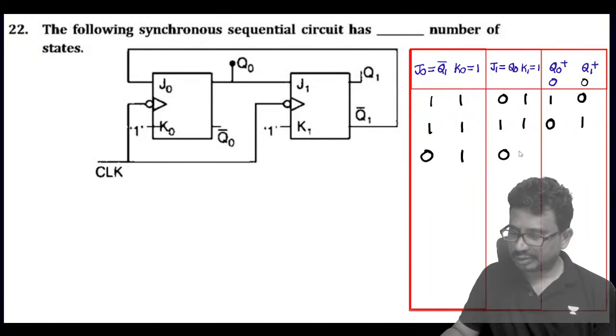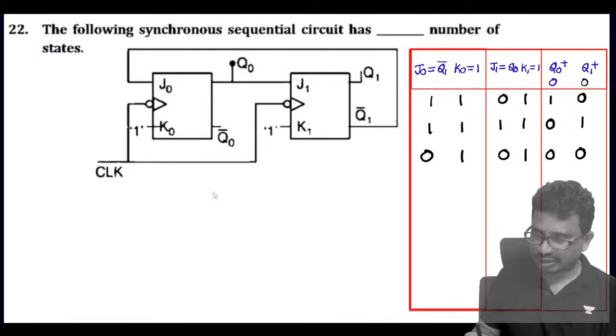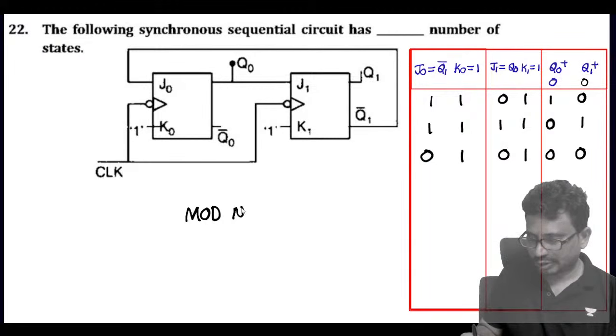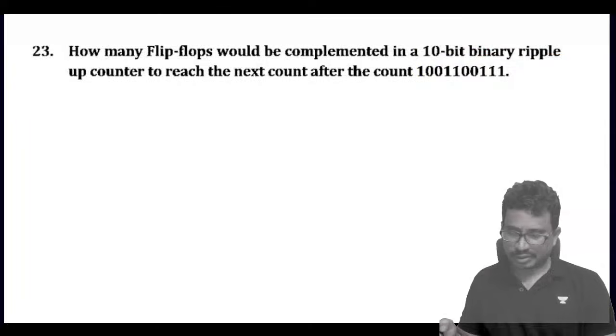Q0 is 0, this is 1. 0 1 is reset. So this mod number is 3, isn't it? So this mod number is equal to 3. Next.